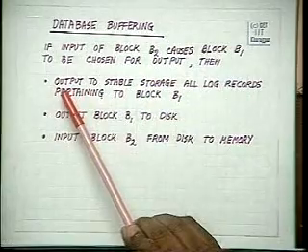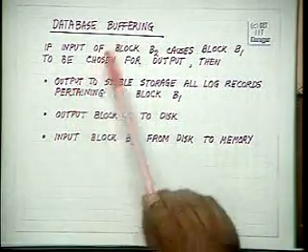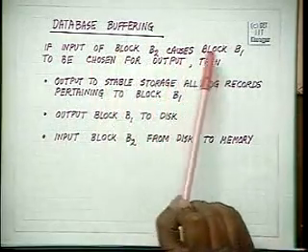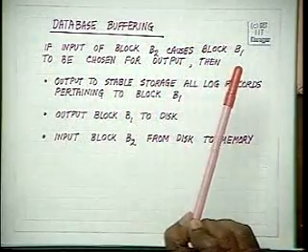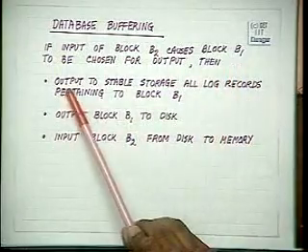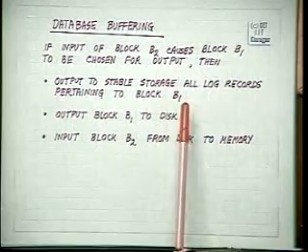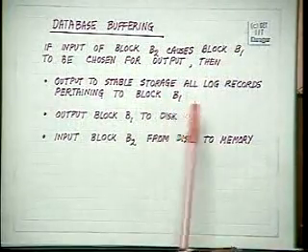But if the log buffering is done along with database buffering, then before we output block B1 into the disk from the memory, we must output to stable storage all log records pertaining to block B1. Because log must be output first and then the database modified.